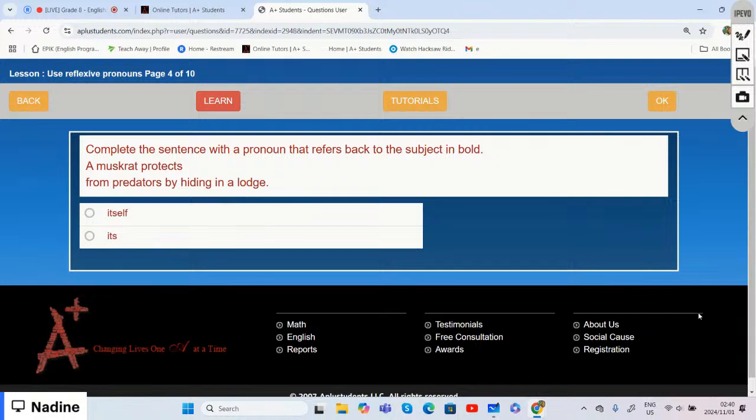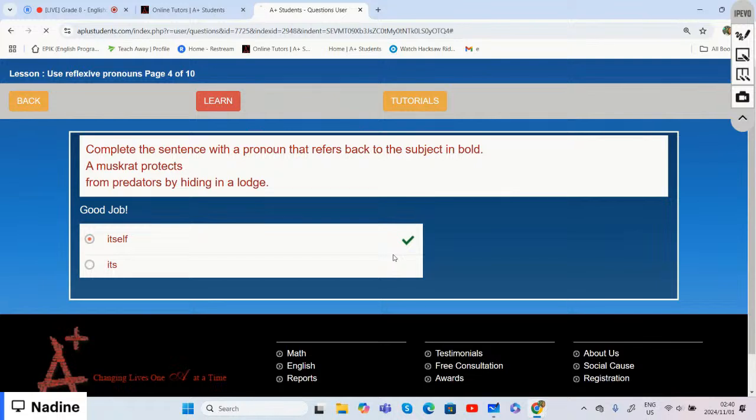All right. So we now said that a mascot protects, do we say itself from predators from hiding in a lodge, or its? And if we were to choose the correct option, then we will say that it protects itself from predators.